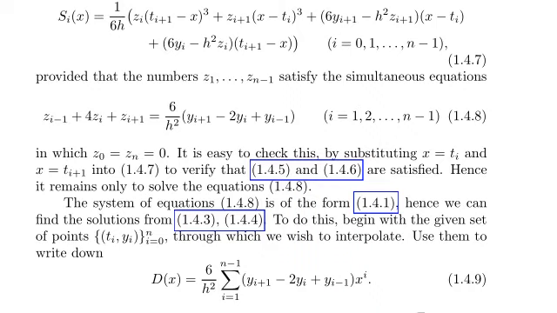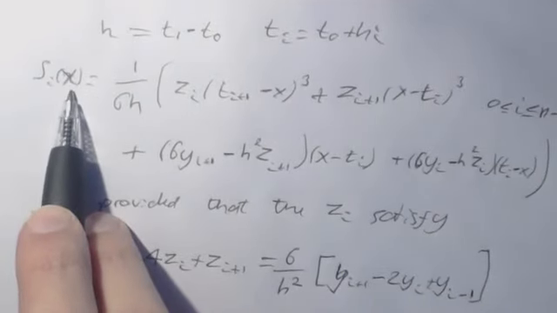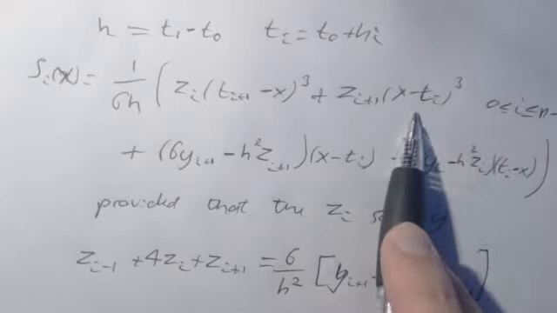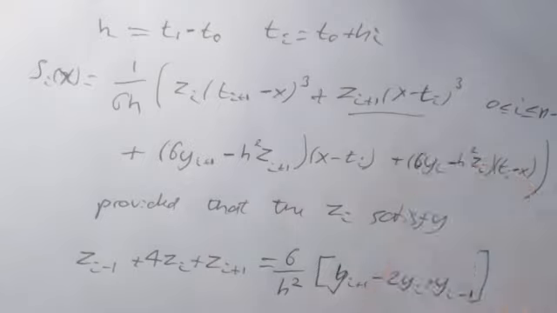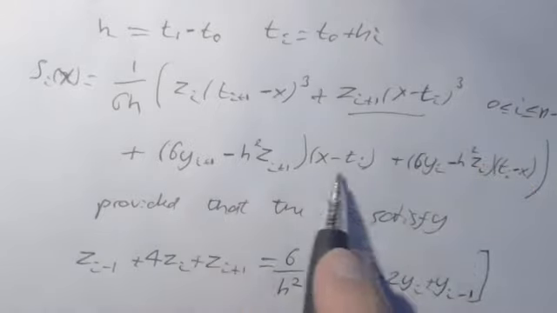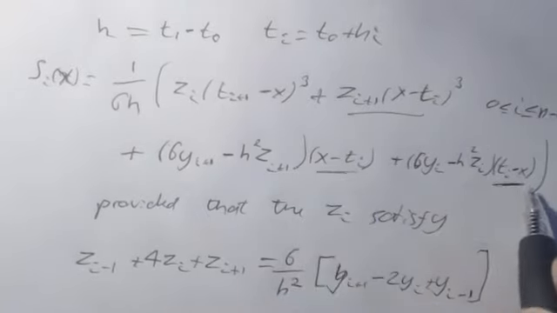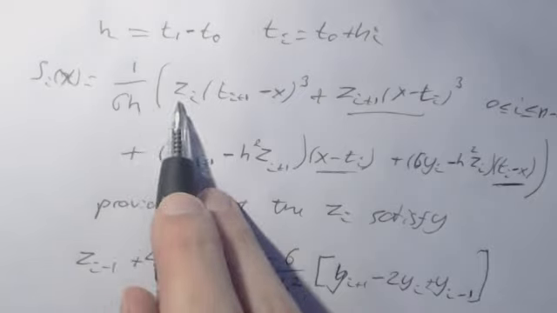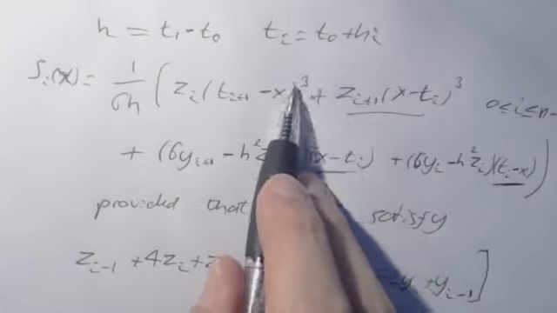So well, I can try that. I'm sure that's not too hard. So what do we have here? If we had t_i in here, this term would become 0, this would be 0, this would be 0. So what we would have left would be 1 over 6h z_i times (t_{i+1} minus t_i) all cubed.